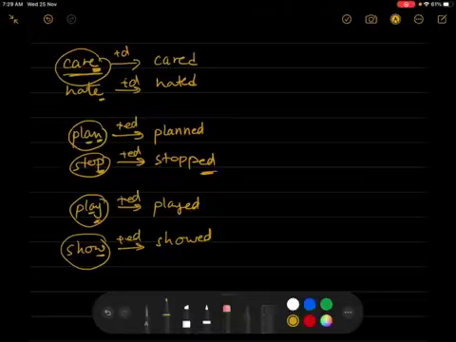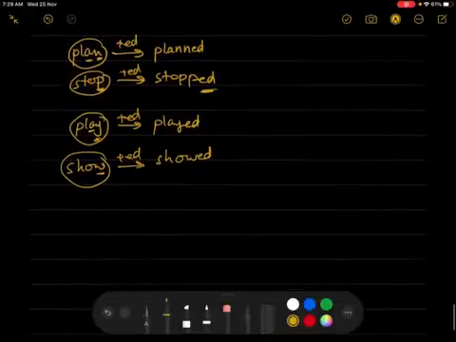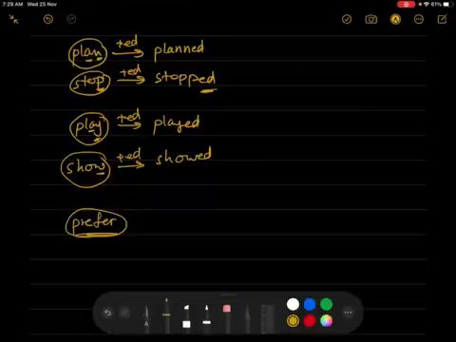We can also say that in most verbs that contain two syllables, the consonant at the end of the verb is doubled if the stress of pronunciation is on the last syllable. For example, prefer. This is a verb with two syllables. Pre-fer, two syllables, two sounds.